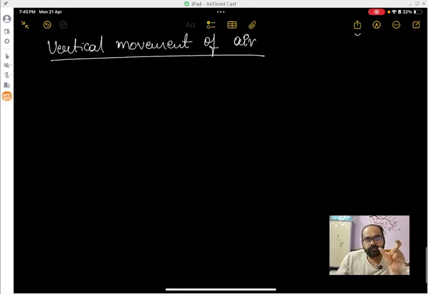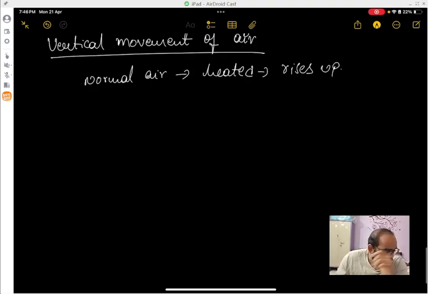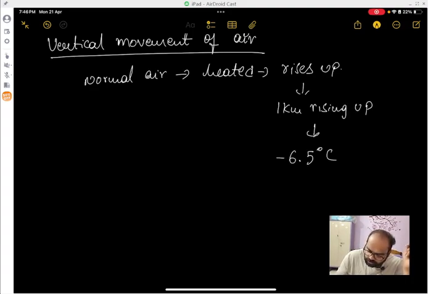When normal air gets heated, it rises up, and for every 1 kilometer of rising up, its temperature reduces by 6.5 degrees centigrade. It is called the normal lapse rate.